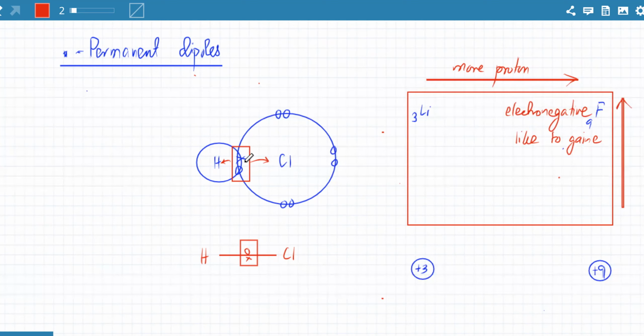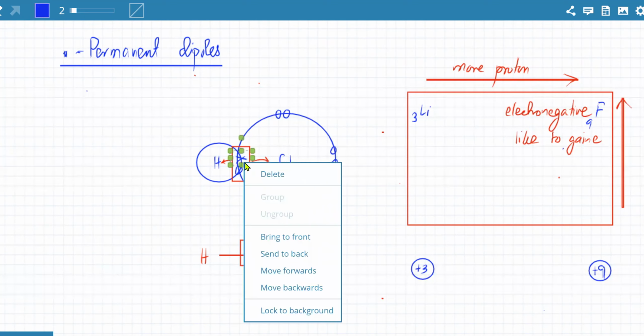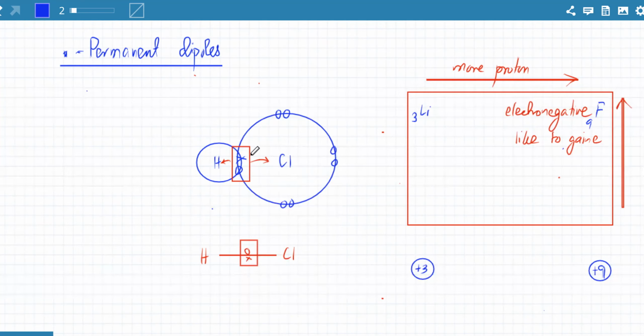You can think of two guys in a tug of war, and they have equal strength. So the rope would remain exactly in the middle. Is this idea clear? Yes, sir. But the thing is, the 2 atoms are not pulling the electrons with equal strength. Cl is slightly stronger when it comes to attracting these electrons.